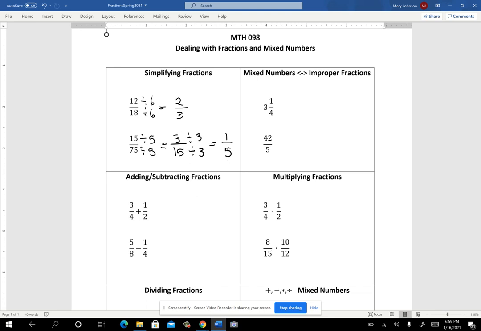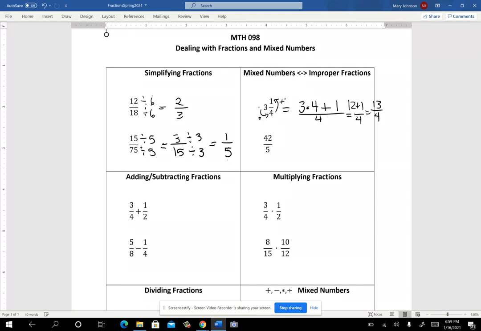So the idea is you take the 3 times the 4 parts, plus the 1, and put all of that over the 4. You multiply those two, and then add this one. So 3 times 4 plus 1 is 12 plus 1, which is 13 over 4.